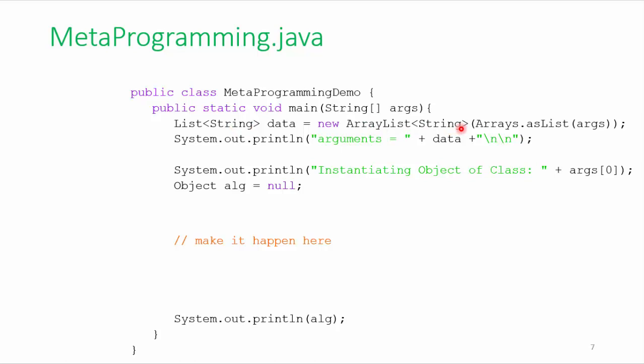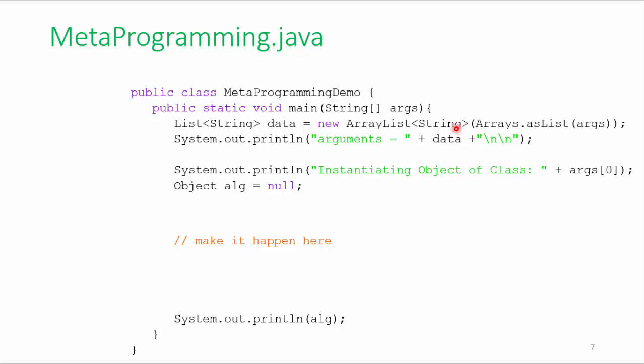So we just convert our array of String into an ArrayList of Strings so that we can use the ArrayList iterators and things that make it easy to iterate over a list of things. Okay, we don't want to mess around with the syntax of arrays. So that's the main reason for this line.